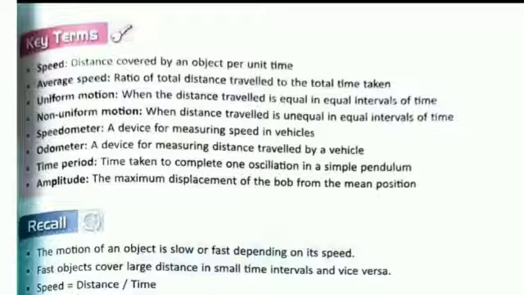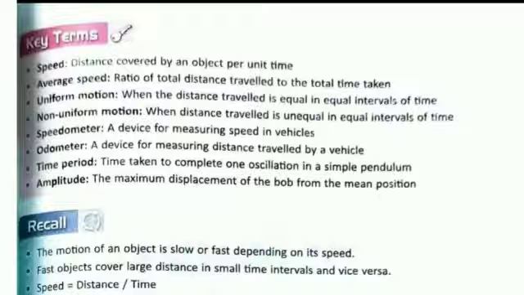Uniform motion is when the distance travelled is equal in equal interval of time. Means equal distance travelled in equal interval of time, that motion is called uniform motion, and just opposite is non-uniform motion, when distance travelled is unequal in equal interval of time.